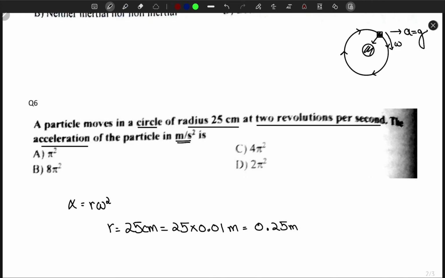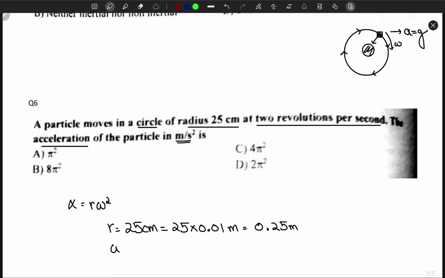And what about omega? If we want our acceleration in meters per second squared, then omega must be in the units of radians. So we'll have to get rid of this revolutions, right? And that's very simple because we know that one revolution, again, as we discussed before, corresponds to a rotation of 2 pi.